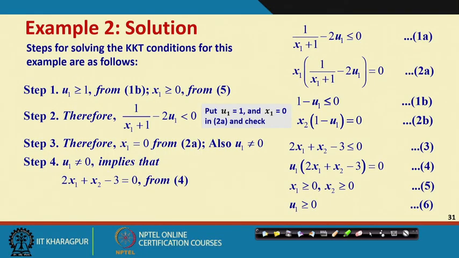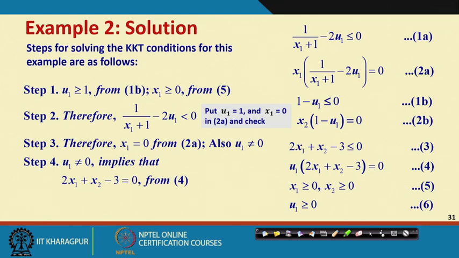Really solving this problem from this point onwards is a non-trivial task. We have to obtain a set of values x1, x2 and u1 which will give a solution. So, a quick solution we are just trying out, nothing else.